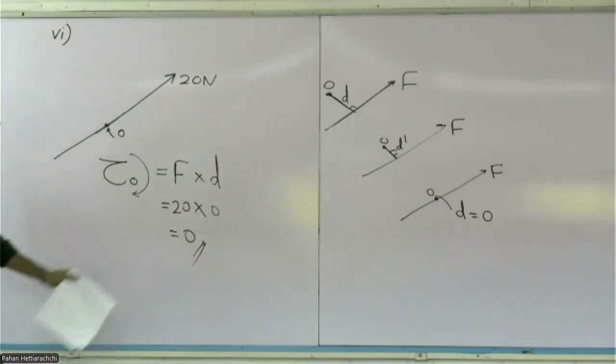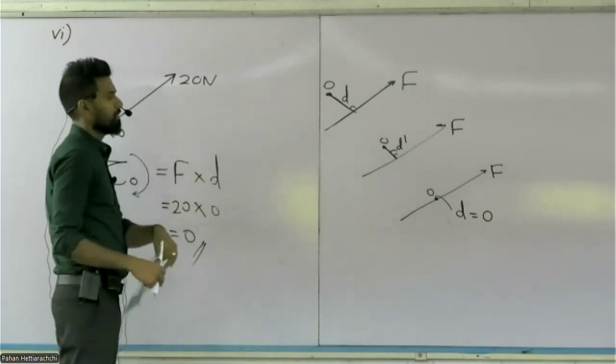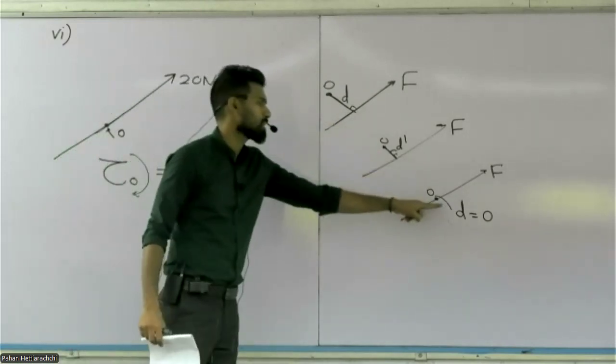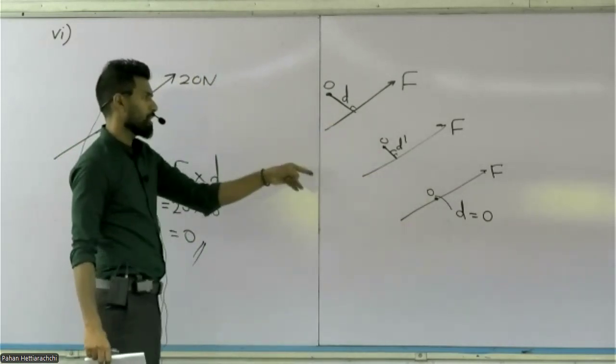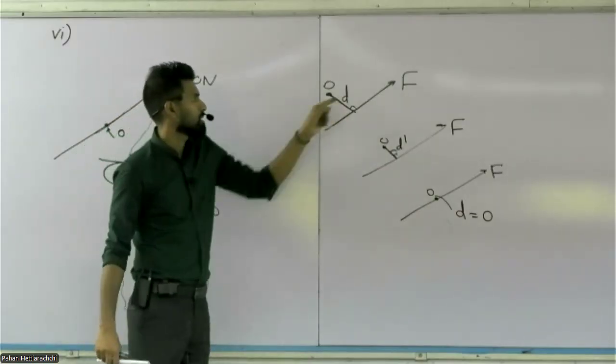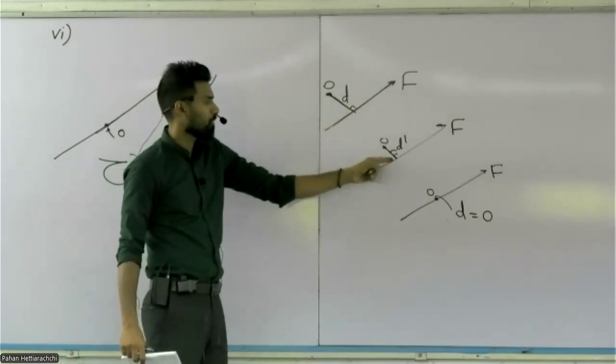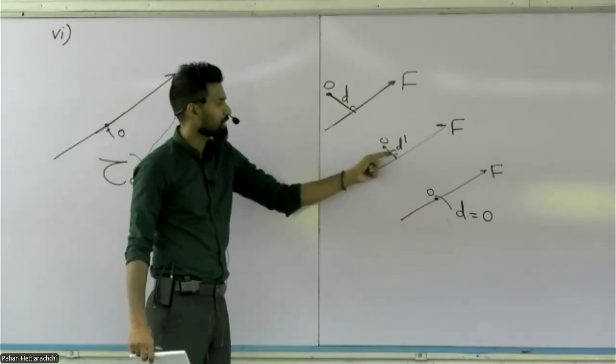If you like, you can draw these 3 cases, which show how the perpendicular distance becomes 0 when the point is on the force. This is the point, this is the force, this is the perpendicular distance. If I bring this point O closer to the force, the perpendicular distance will reduce.